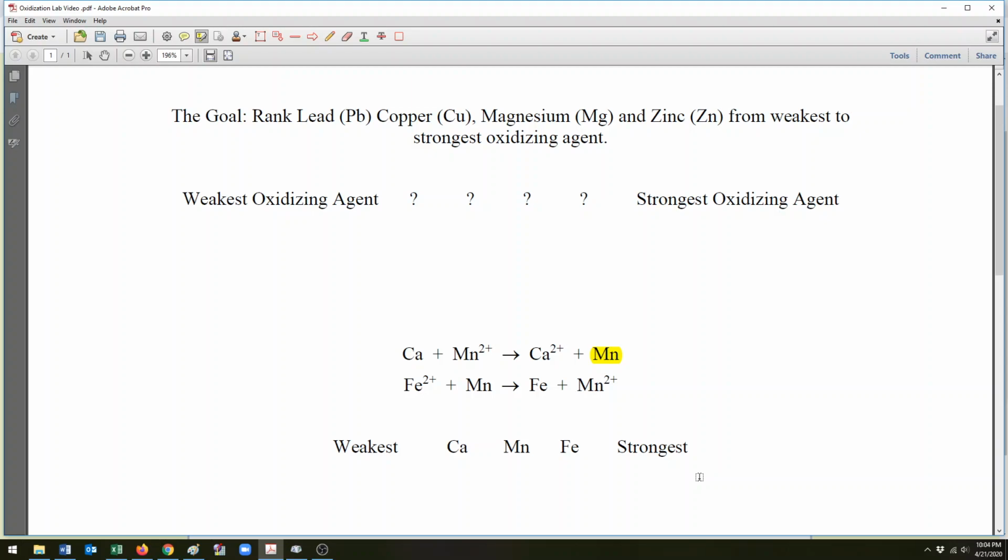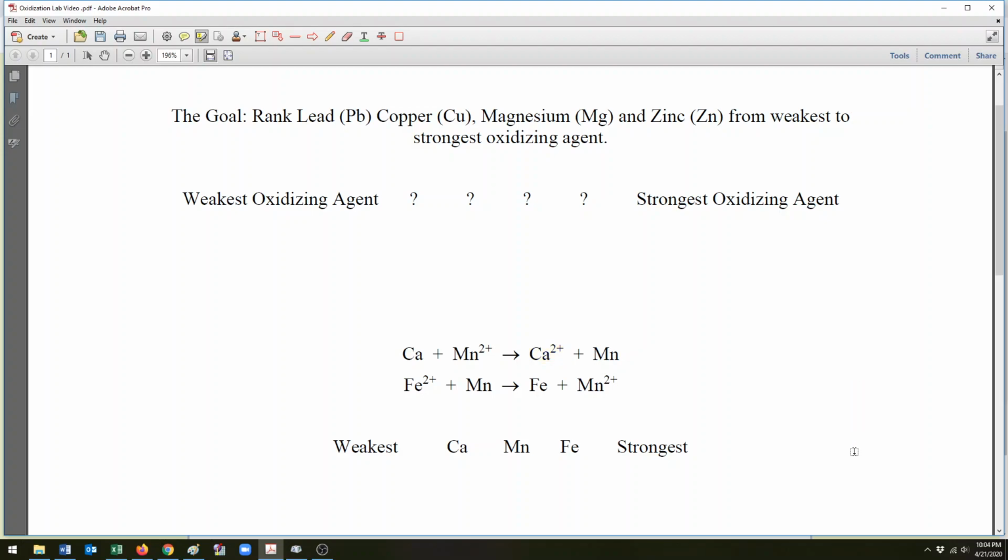On the flip side, calcium has been oxidized. It has lost electrons, just like if oxygen attacked it and stole electrons from it. So it has gone from its starting state of neutral, and it's had 2 electrons taken away from it, so that it winds up in a state of +2.